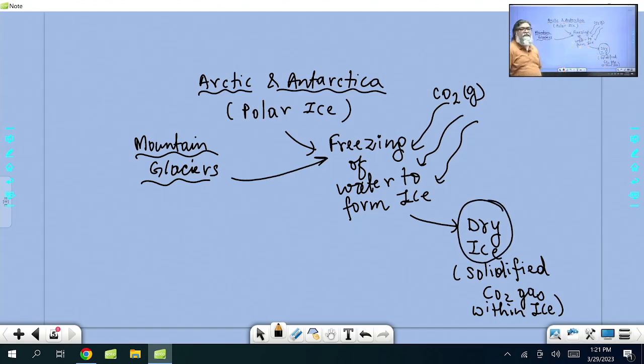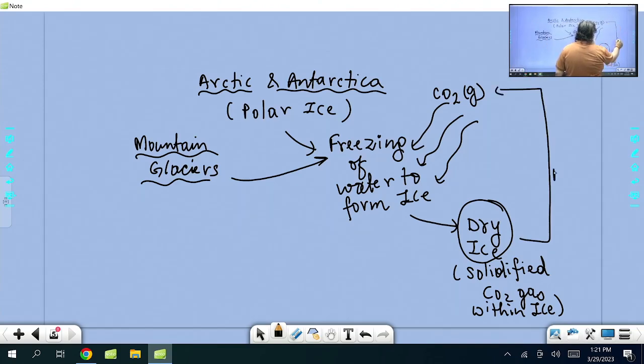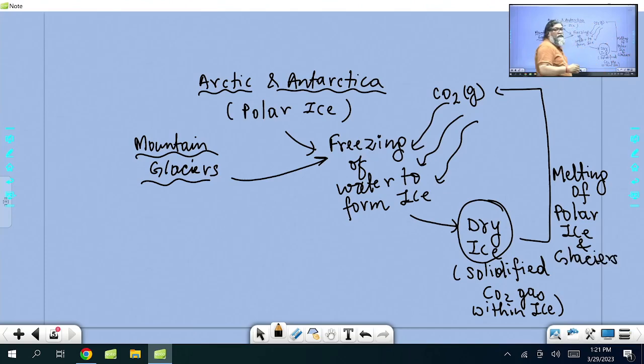Solid carbon dioxide forms, and when it melts, with the melting of polar ice and glaciers, this dry ice converts again into carbon dioxide gas.